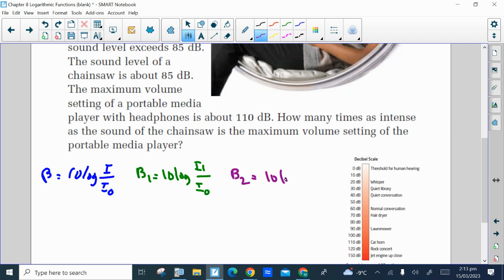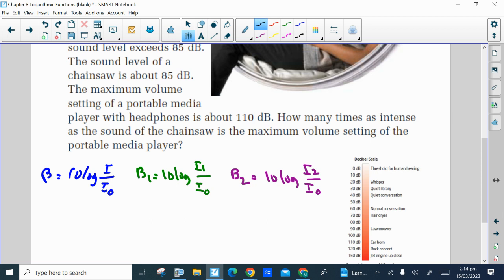That'll be 10 times the log of I sub 2 over I sub 0. So beta sub 1 corresponds to the sound of the chainsaw and beta sub 2 corresponds to the sound of the media player, which is louder than the chainsaw.